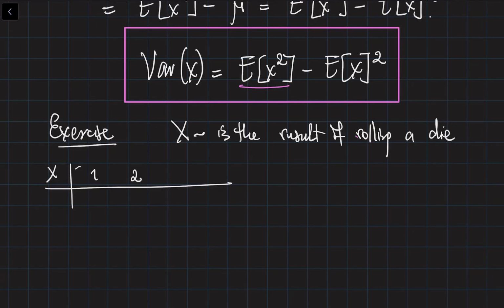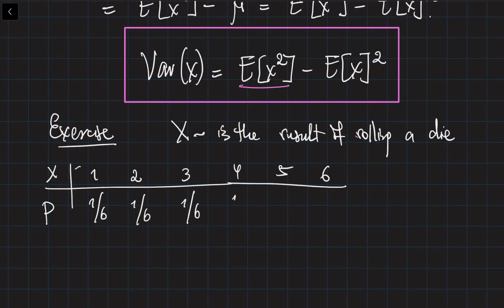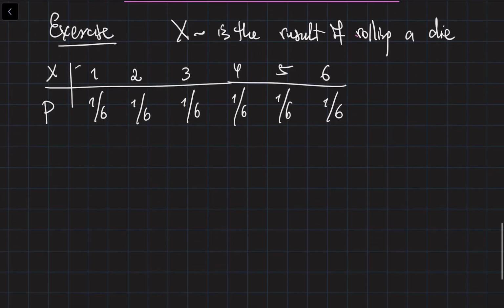It takes the values 1, 2, 3, 4, 5, and 6, and its corresponding probabilities are always equal to 1 over 6. So let's say we need to find the variance of x.